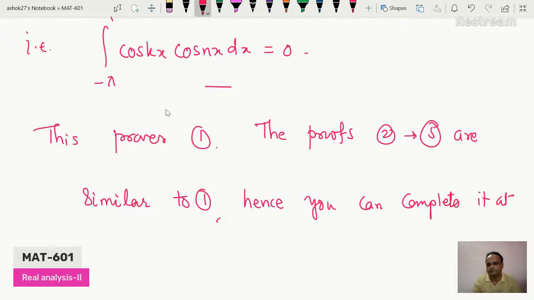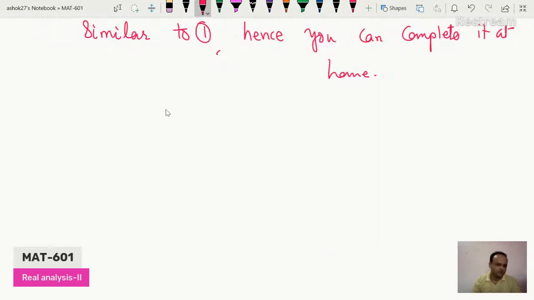So this is the proof of this theorem, and from this theorem we have these 5 results.